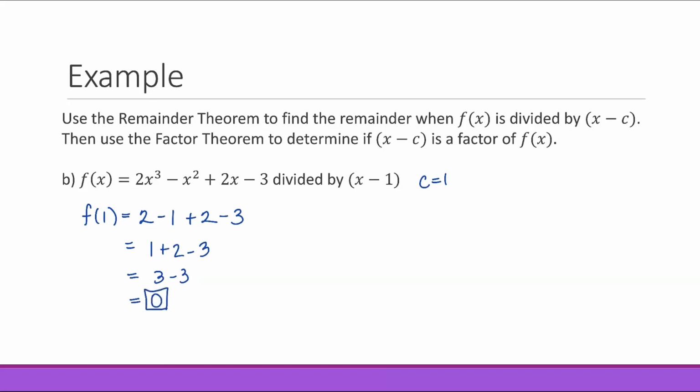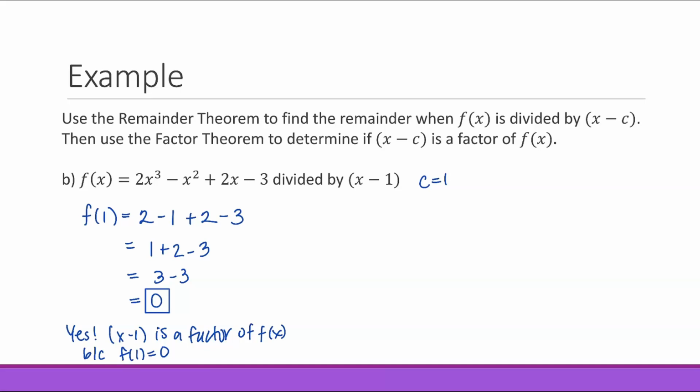So by the remainder theorem, the remainder is 0 when x minus 1 is divided into this function. And because the remainder is 0, the factor theorem tells us that x minus 1 is a factor. So this time, yes, x minus 1 is a factor of f of x, because f of 1, the remainder, is equal to 0.